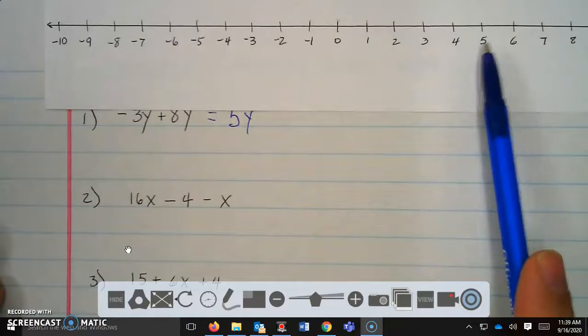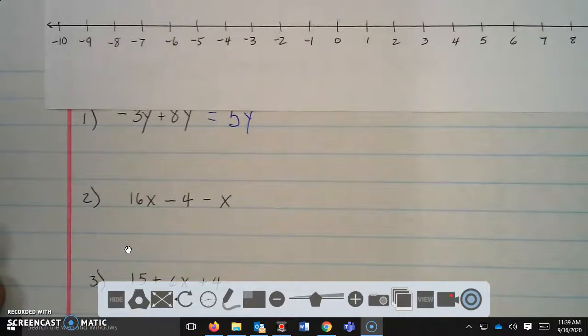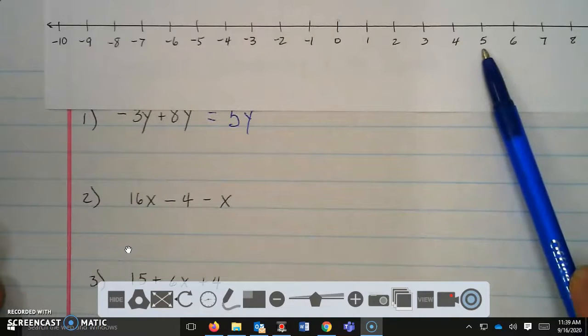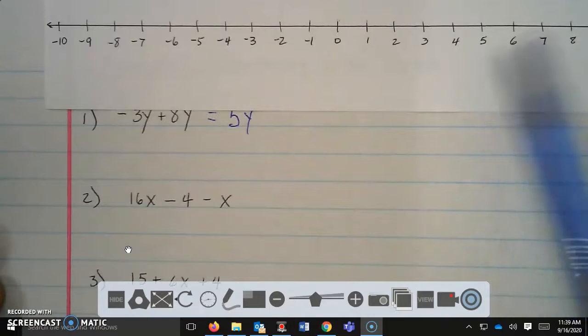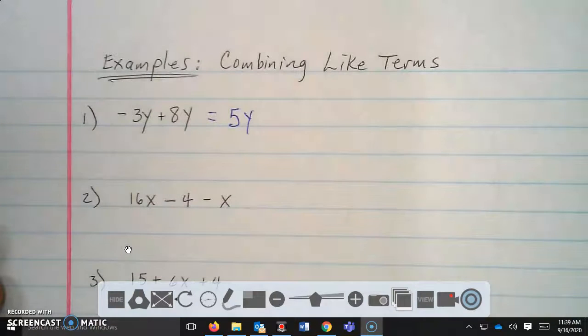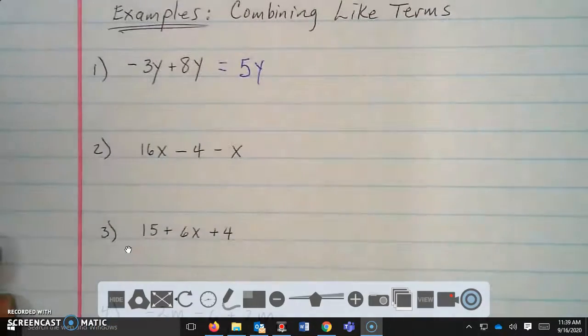Look where you're at. And you can do it the other way. 8 plus negative 3, it's the same problem. Then you start at the 8, and since you're adding negative 3, 1, 2, 3 to the left, you still end up at 5. So maybe get in the habit of trying to do it mentally. Just a suggestion. All right, anyway, 2.